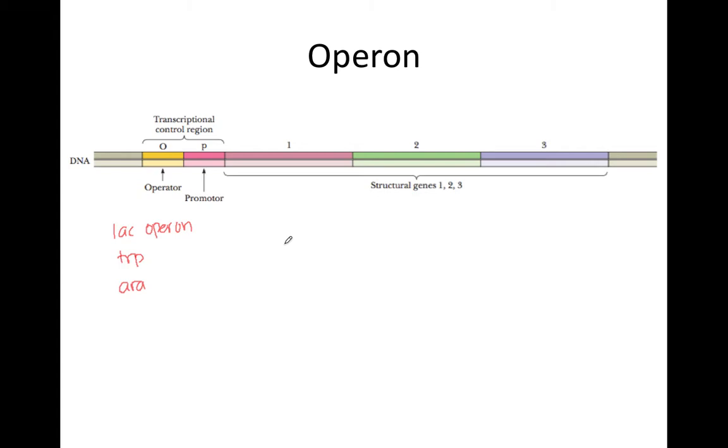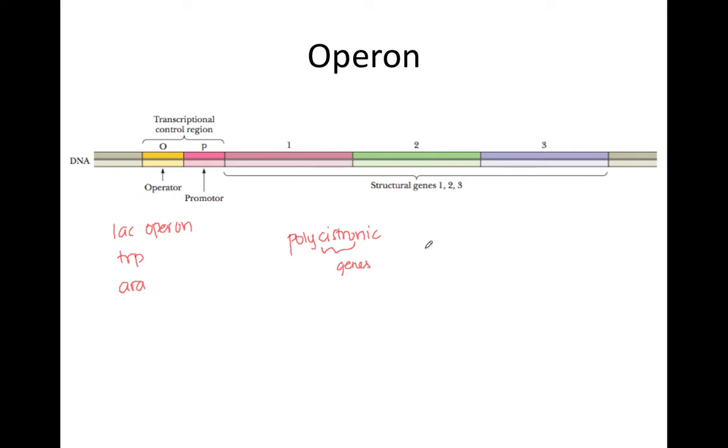arabinose operon. So these operons, they help in the transcription of related genes, because in prokaryotes, their mRNA is polycistronic. Poly meaning marami, as in a lot, and cistron meaning genes.